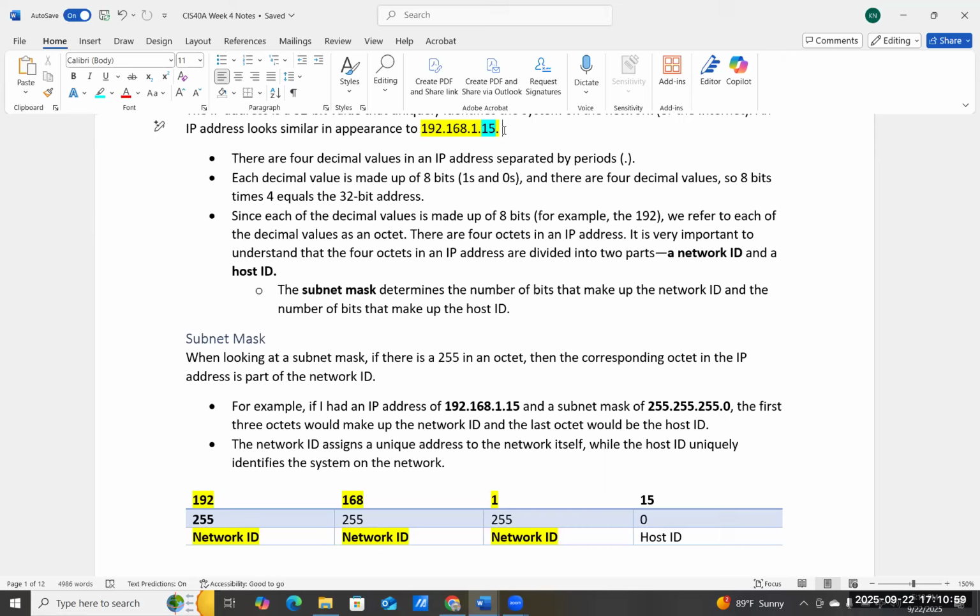The 0 is when it's off. So it reaches a certain voltage for all 8 bits of each octet to get the 1s, and then when it gets to the host ID, it would be 0.